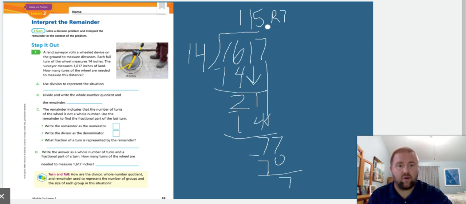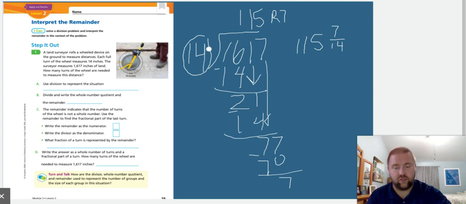Okay, this remainder is a part of a whole. So in this example, we could also write this as 115, and then 7 as my remainder, and then 14 is going to be our denominator here. Where did I get that 14 from? 14 here tells you how many inches a full wheel rotation is worth.